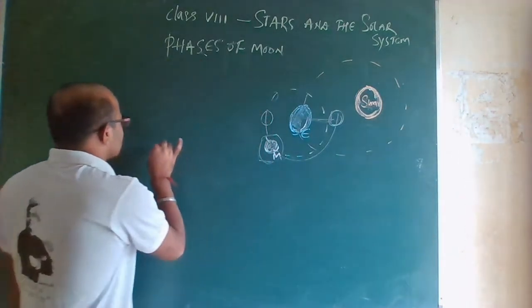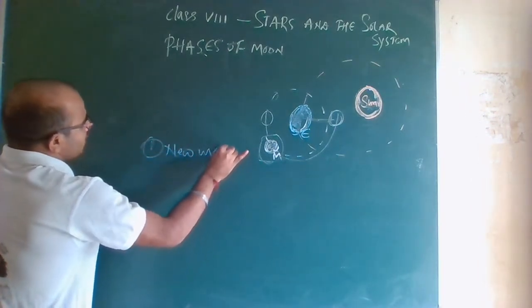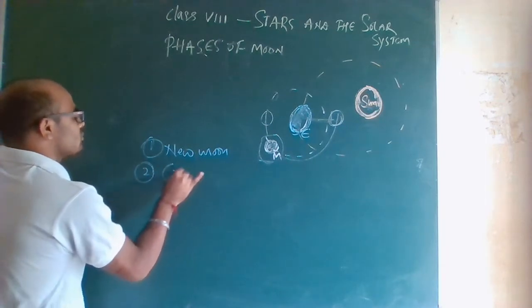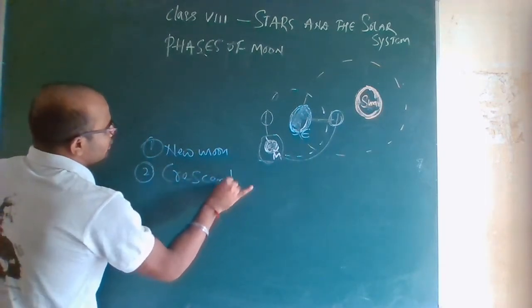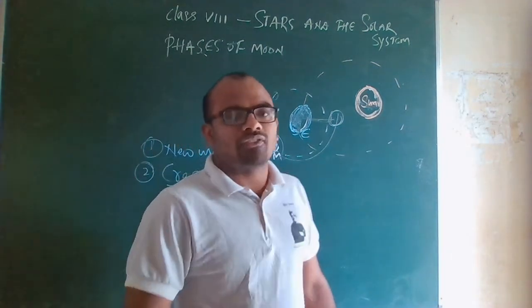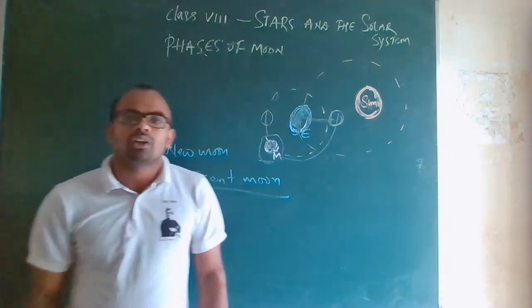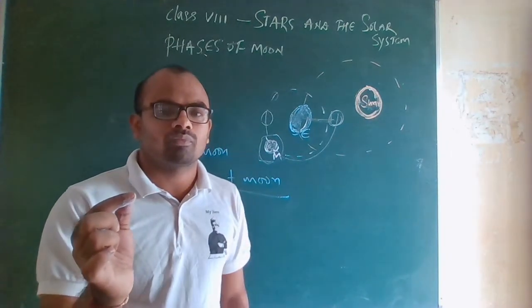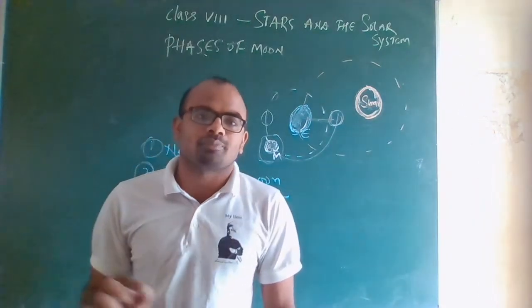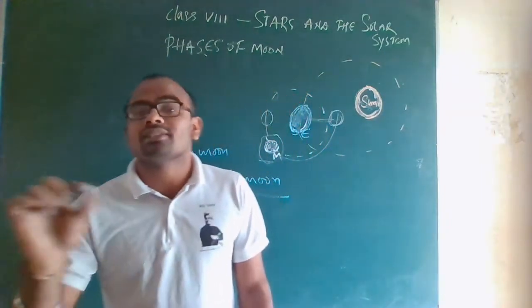So the first one is new moon. When some part starts appearing, that is called crescent moon. The first day after Amavasya or the first day after new moon day, some part of the moon starts appearing. So that is called crescent moon.